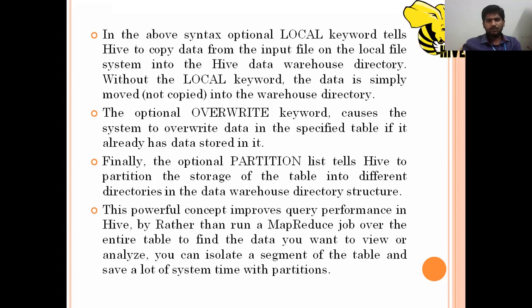This is a powerful concept to improve query performance in Hive, rather than running MapReduce jobs over the entire table to find the data you want to view or analyze. Generally in a MapReduce operation, we finalize the data and the output is shown.